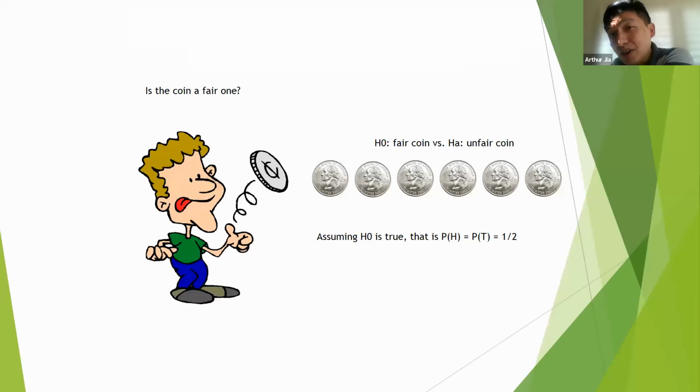Can anyone tell me what the null hypothesis is here? Use the value of the parameter to tell me. I know the null hypothesis is that the coin is a fair one, but what does that mean in terms of p? Probability is 0.5. Yes, very good.